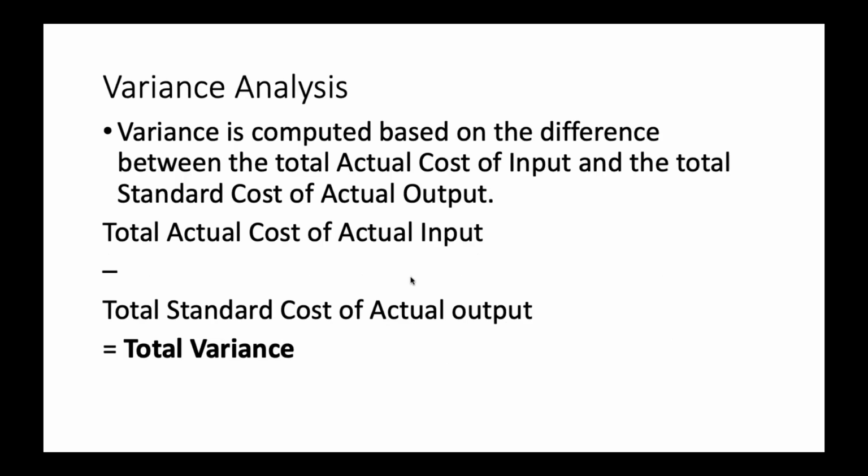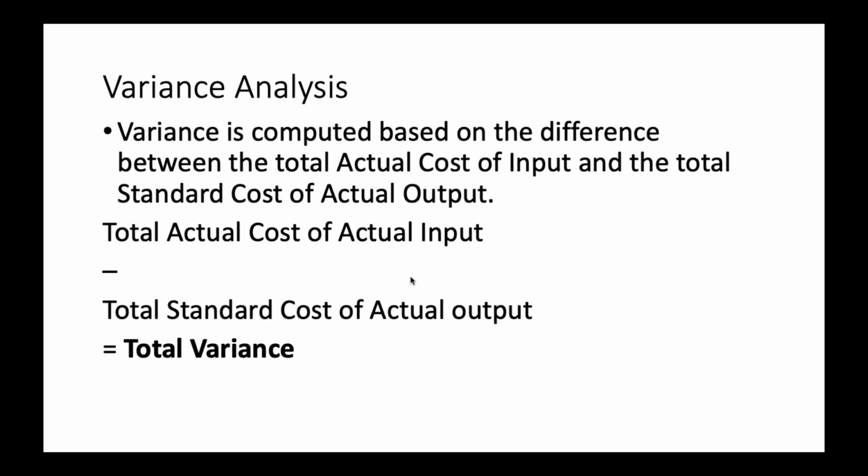Now, when we set standards, we normally compare the standards to the actual, just like what we have learned in factory overhead control and factory overhead applied. The factory overhead applied is the standard, and the factory overhead control is our actual cost. So normally we compare the actual versus the standards for us to arrive at the difference that should be investigated.